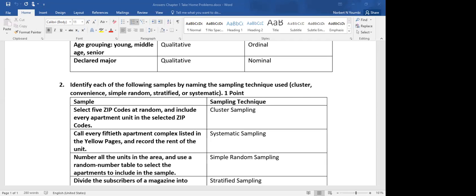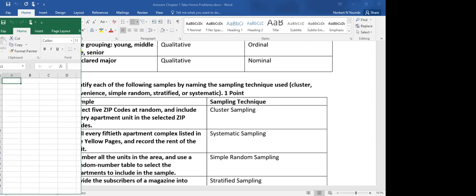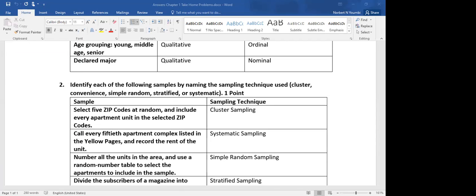We want to know the lowest and the highest data value. I'll enter the values here in Excel. You can use your calculator as well, but the calculator is not going to do as much as Excel at this point.